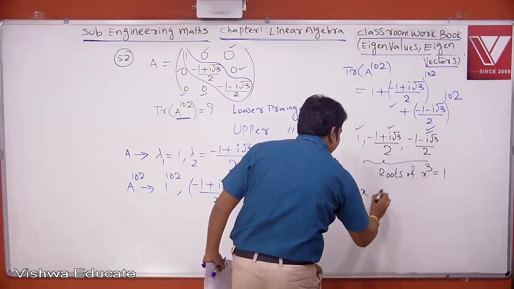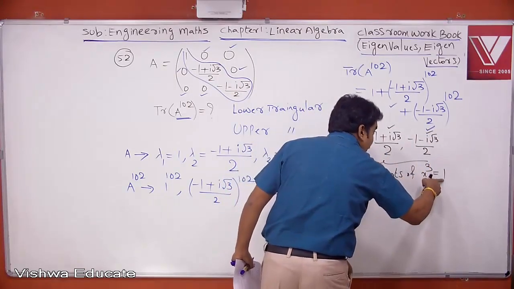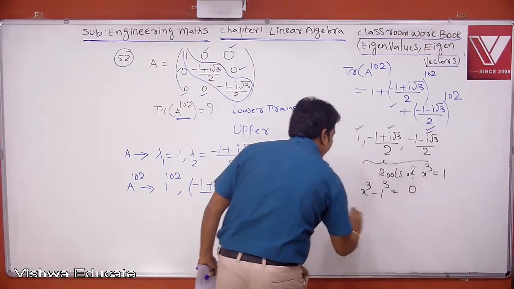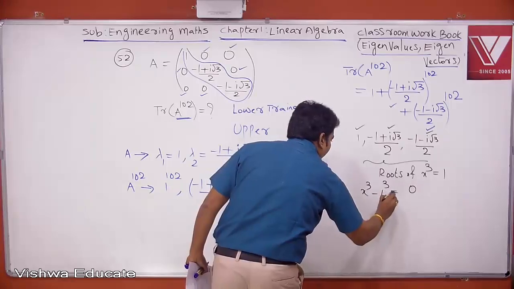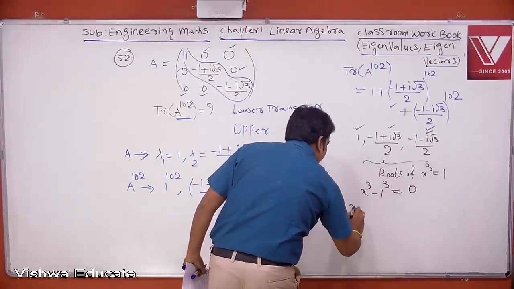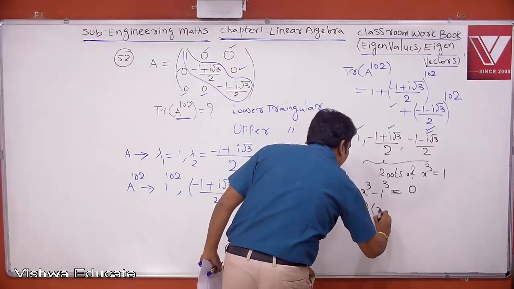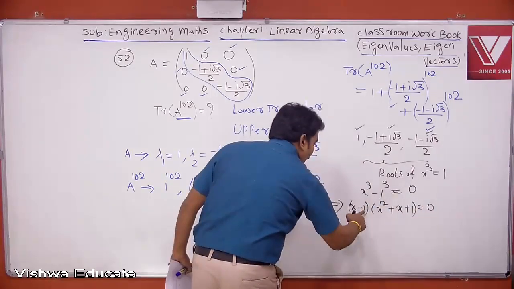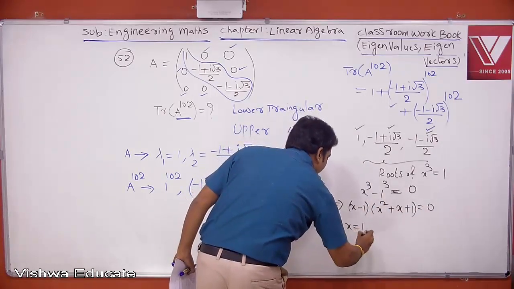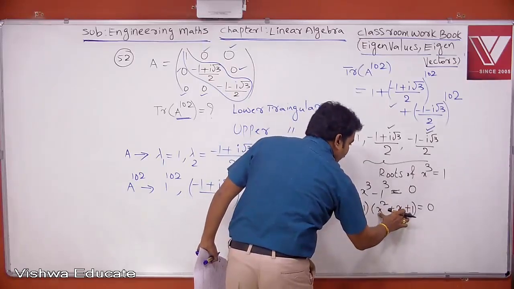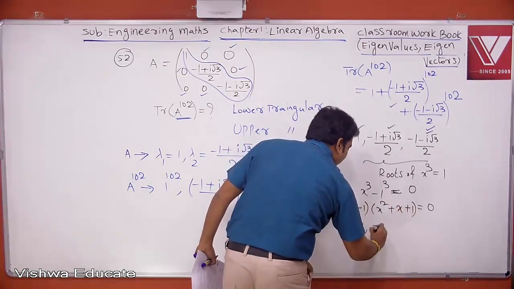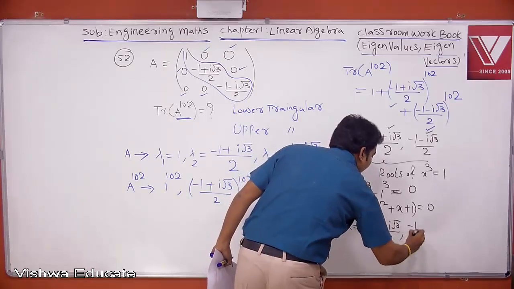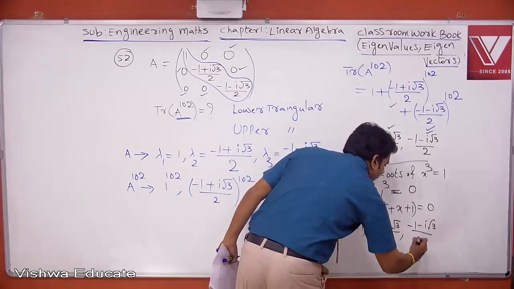Basically, these are roots of x cube equal to 1. This is x cube minus 1 cube equal to 0, which is in the form a cube minus b cube, so it factors as a minus b into a square plus ab plus b square equal to 0. Here, x minus 1 into x square plus x plus 1 equals 0. When you simplify, you get x equal to 1. The quadratic equation gives one root as minus 1 plus i root 3 by 2 and another as minus 1 minus i root 3 by 2.